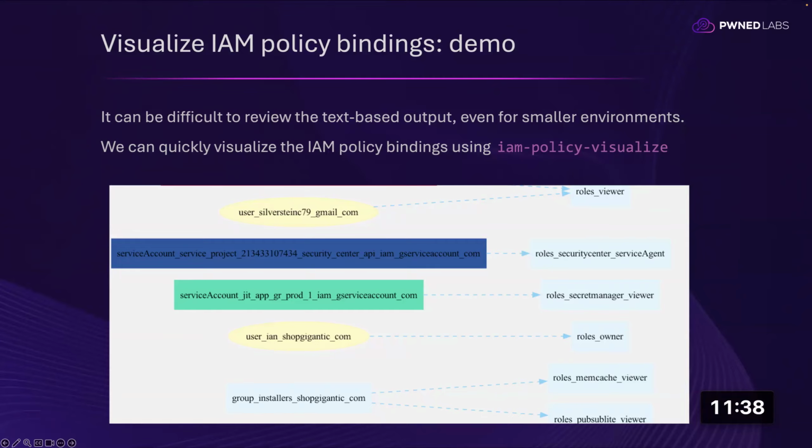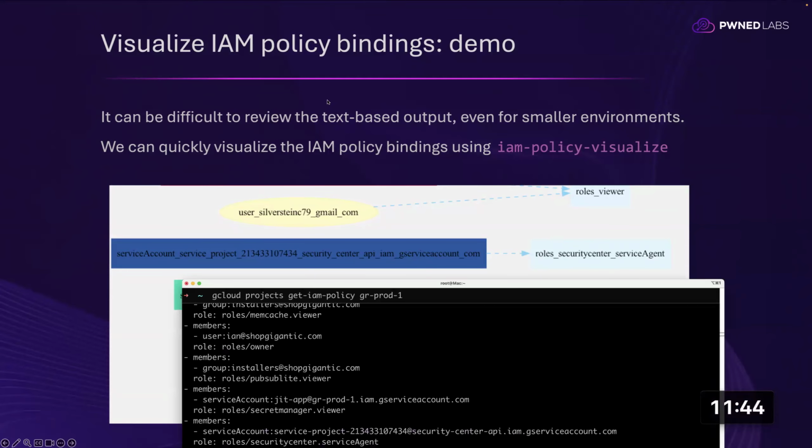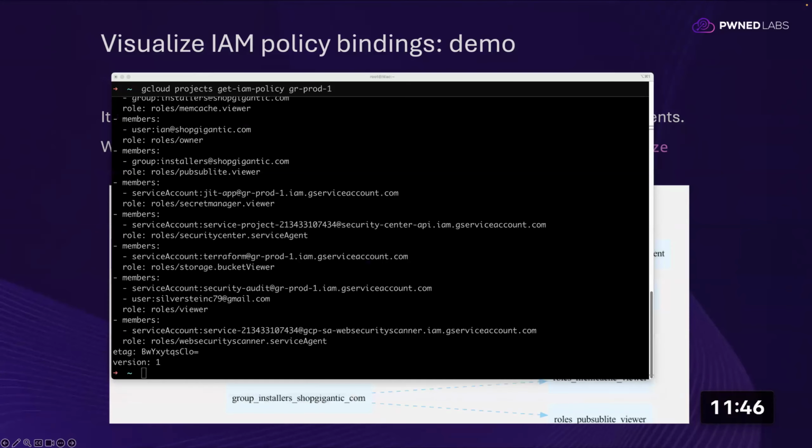So I'm just going to log into the jump box. Effectively, we have a pen test jump box that the client has given us. That's the scenario.